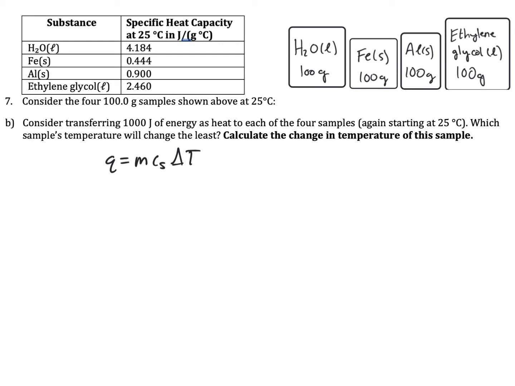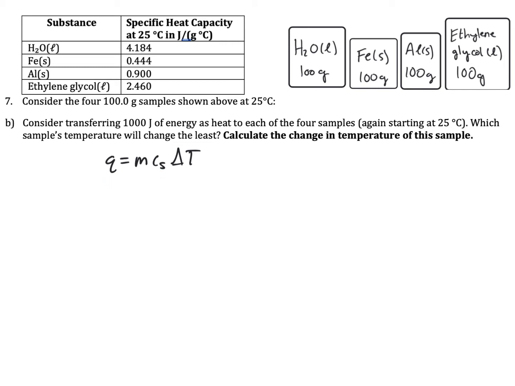Well, this is just sort of the opposite case. If I want to keep the temperature the same, that will work when I have a larger Cs. The bigger this number is, the smaller the change in temperature that I'll have. So high heat capacity means the temperature won't change very much for a given amount of heat that's added. These variables at a fixed amount of heat are inversely related.